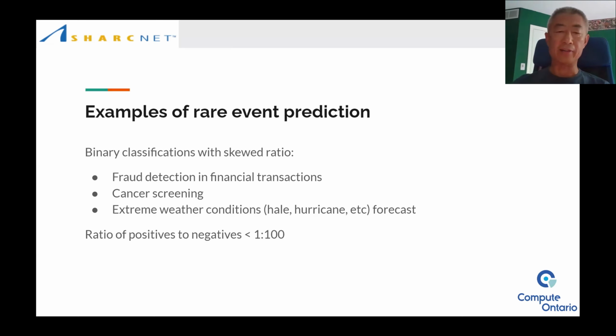Same thing in other applications like cancer screening or extreme weather predictions and so on and so forth. So in the rest of the talk, I will formulate the problem as a binary classification where I will consider the minority class as the positive and the majority class as negative.